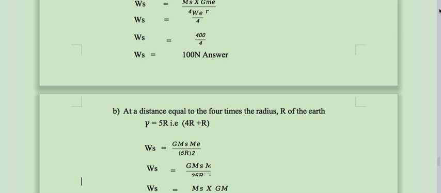Using the same relationship, the weight of the satellite is equal to capital G, mass of the satellite, mass of the Earth, all over r squared.